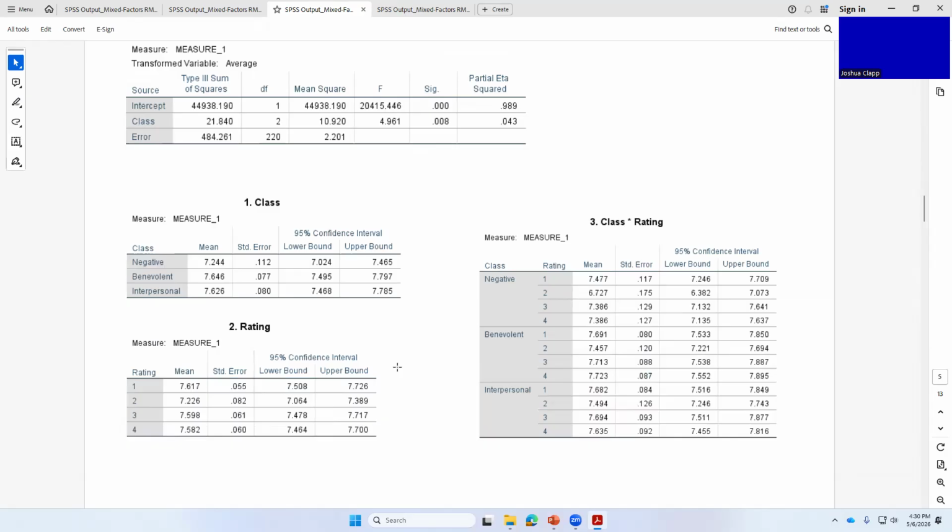But this effect is modified by individual vignette. Here, we're looking at means across my individual vignettes collapsing across group. And it looks like 2 on average is lower than the other ones. 2 is my combat vignette. So Catherine is sort of a military veteran, off to war, come back.